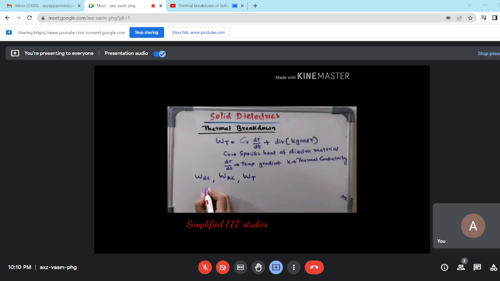That means heat generated in either a DC field or an AC field, so a definite amount of heat will be generated. If the amount of heat generated inside the material is greater than the amount of heat which is transferred from the material, then definitely dielectric breakdown will take place.